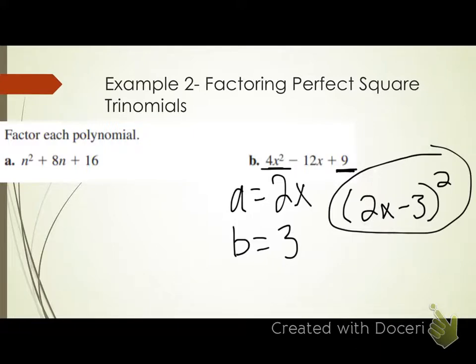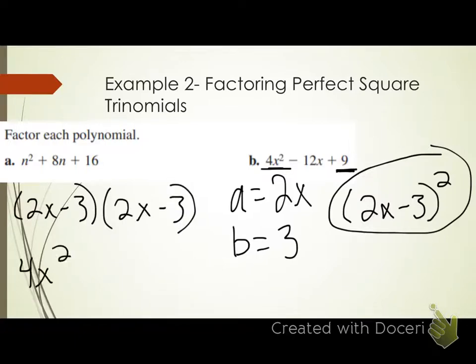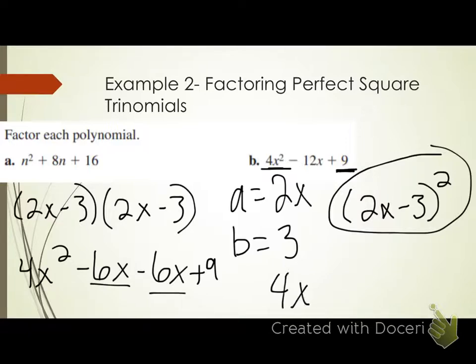Once again, if I multiplied this out, 2x minus 3 times 2x minus 3, I get 4x squared minus 6x plus 9. Combining my like terms, I'd get 4x squared minus 12x plus 9. So it checks out.